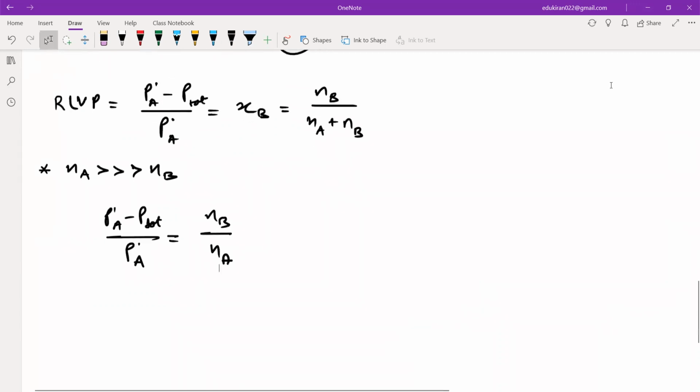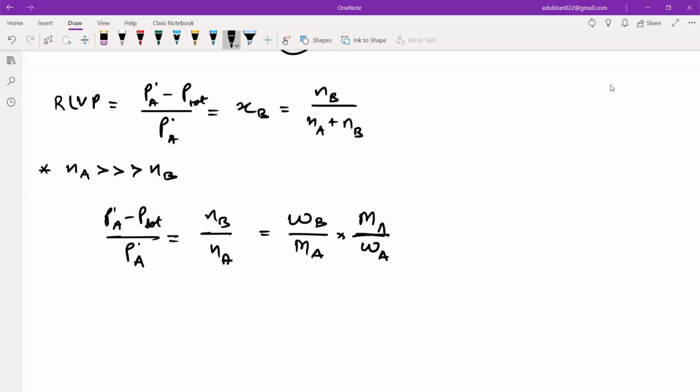What is NB? NB is equal to the given mass of B upon the molar mass of B. And what is NA? NA will be equal to the given mass of A divided by the molar mass of A. The molar mass of A को हम ऊपर रखते हैं यहाँ पे.